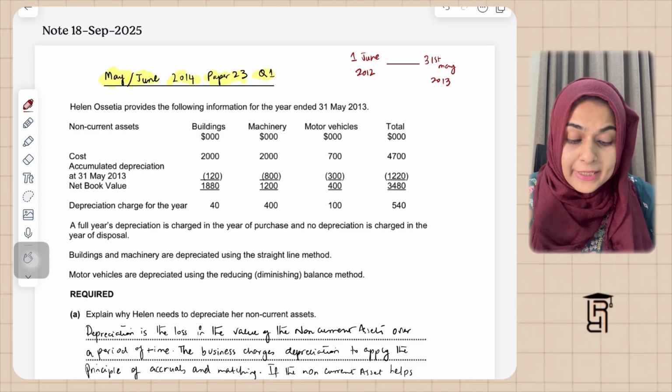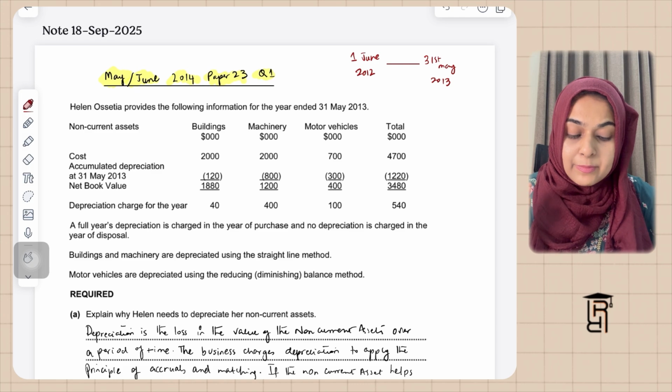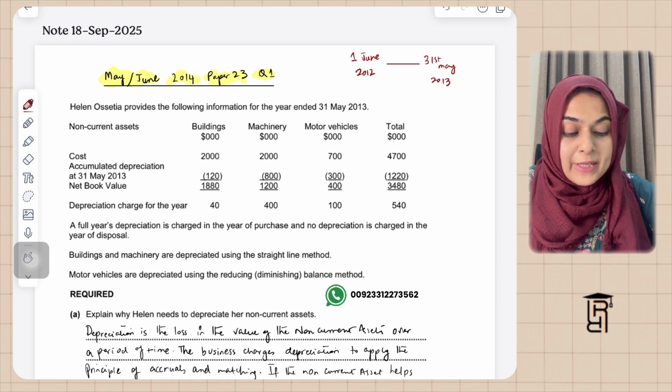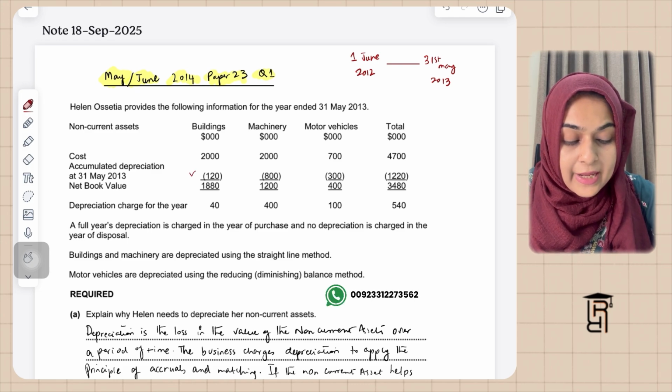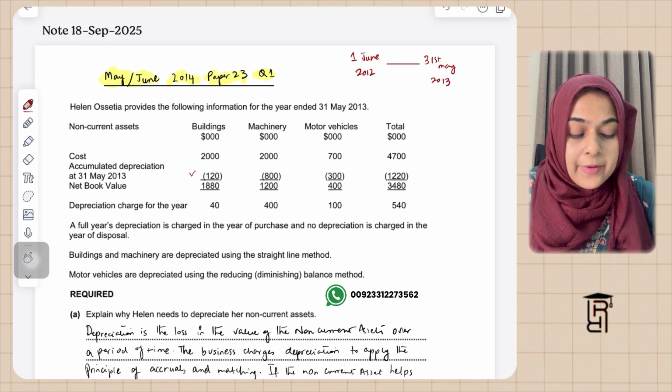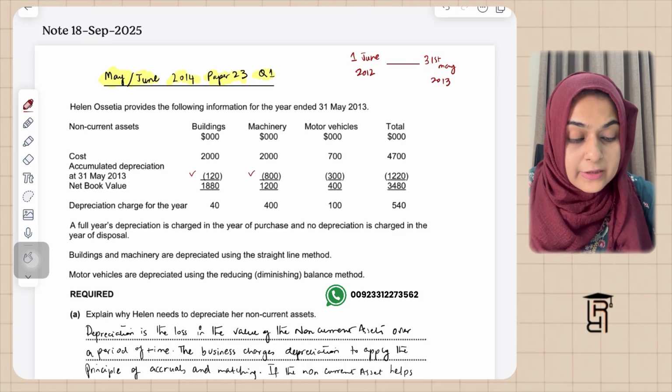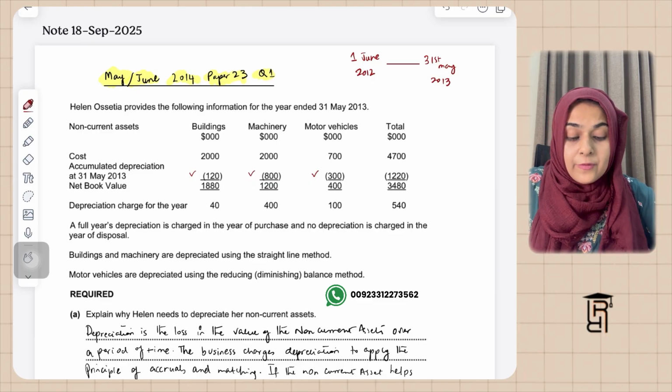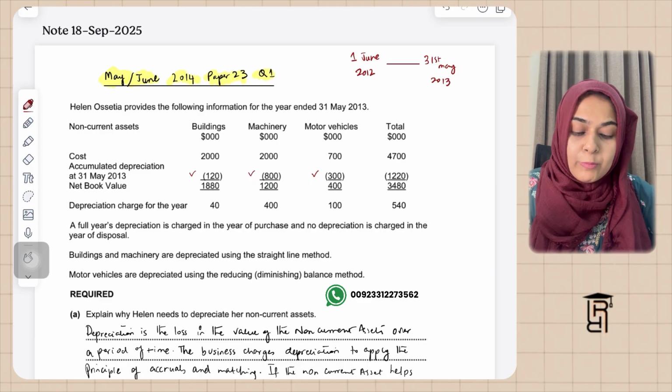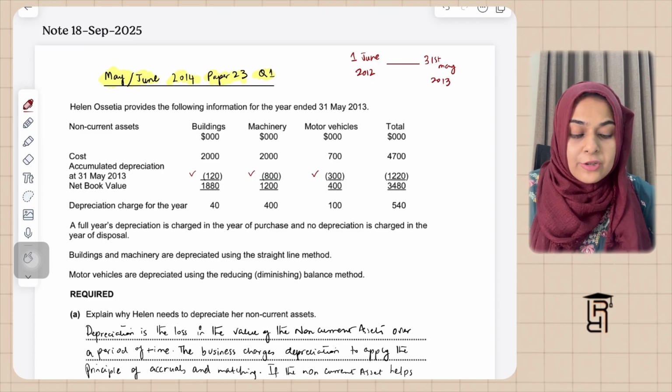They've given you accumulated depreciation at 31st May 2013, which means this is the total depreciation at the end of 31st May 2013. The total depreciation of each of these categories of non-current assets, and then they have given you net book values at 31st May 2013. They've given you depreciation charged for the year.